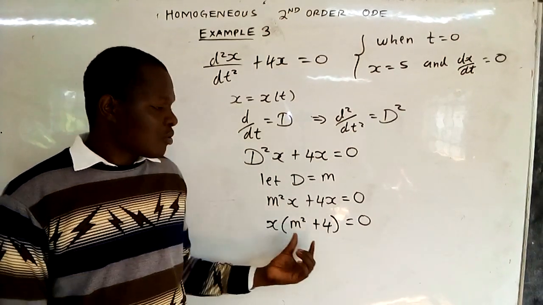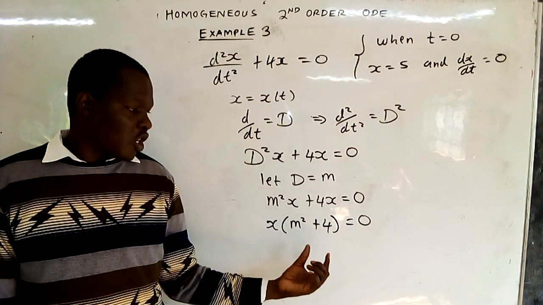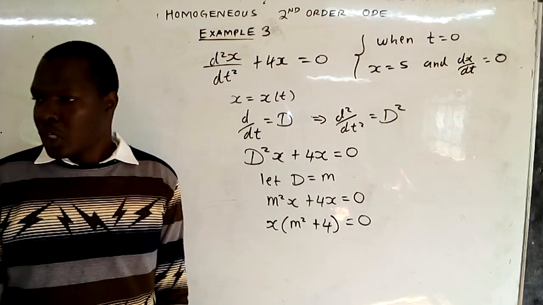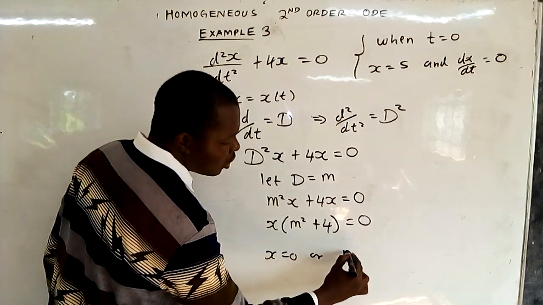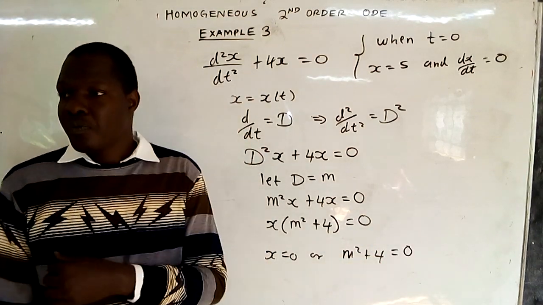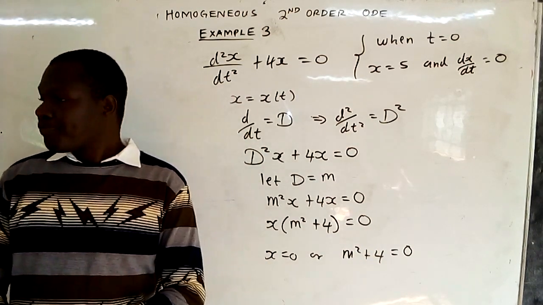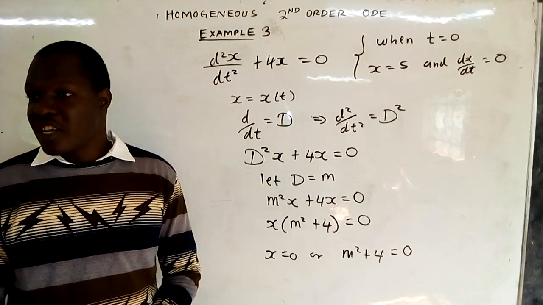So when a product of two factors is 0, then it implies either the first factor is 0 or the second factor is 0. So here it means either x is equal to 0 or m squared plus 4 is equal to 0. Now, when x is 0, it means our differential equation does not exist.